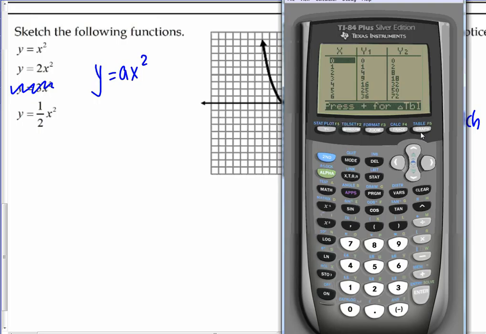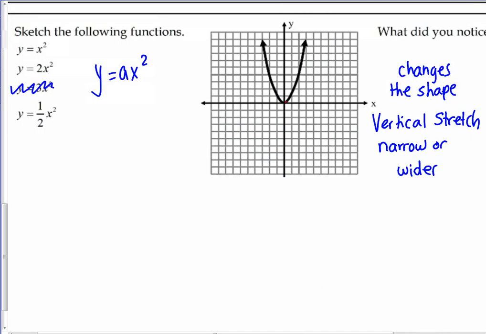When you double 0, it's still 0, so it doesn't change the vertex. But 1 becomes 2, 4 became 8, and so it became more narrow. So what do you think 1/2 x squared is going to do to our y values?